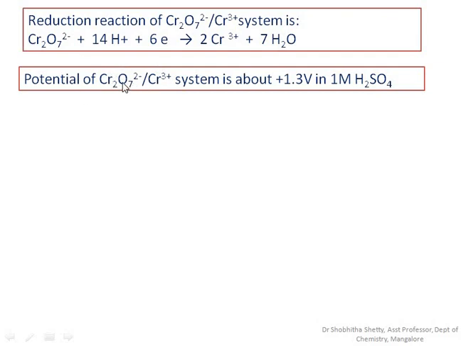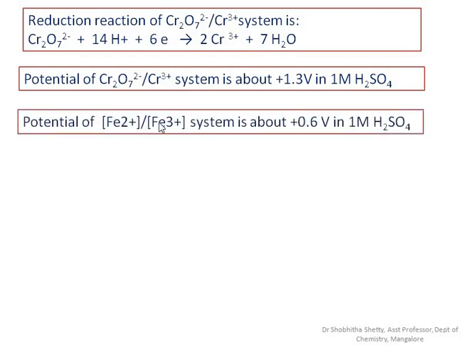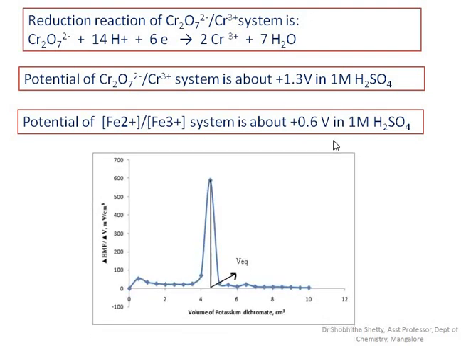When the system shifts from the ferric ferrous form to the dichromate chromium system, there will be a sharp increase in the potential. That system is about 1.3 volt in 1 molar H2SO4, and for ferrous ferric, as I mentioned, it is 0.6 volt. Again, this is a typical graph where you can see the sudden sharp increase near the equivalence point with respect to the shift in equilibrium from the ferrous ferric system to the dichromate chromium system.